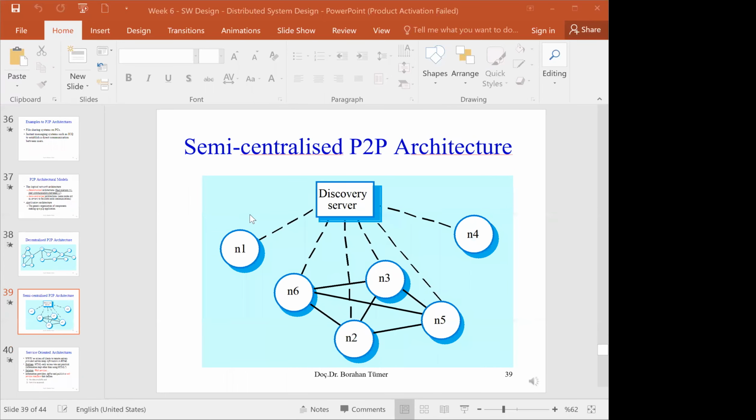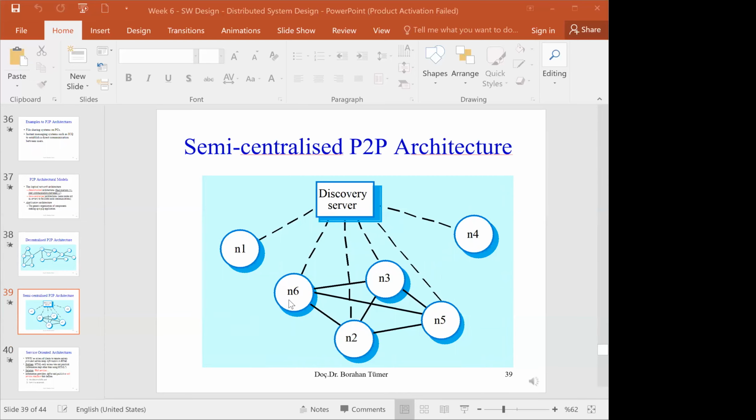So in the semi-centralized model, each node is connected to a discovery server. The discovery server gives information to each node about what node is available in the network, so that the redundant connections are avoided to some extent.